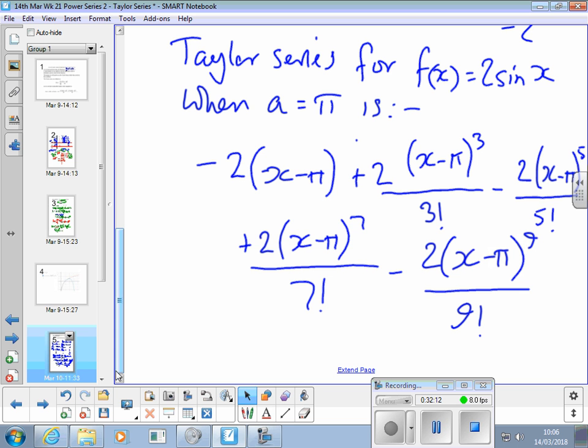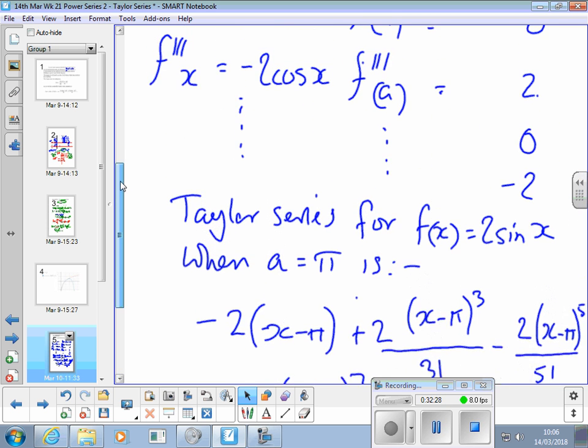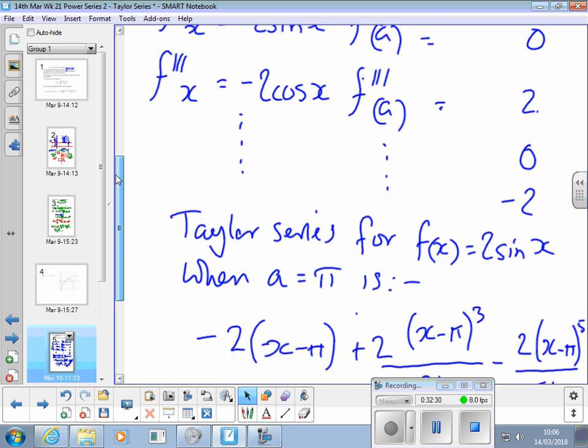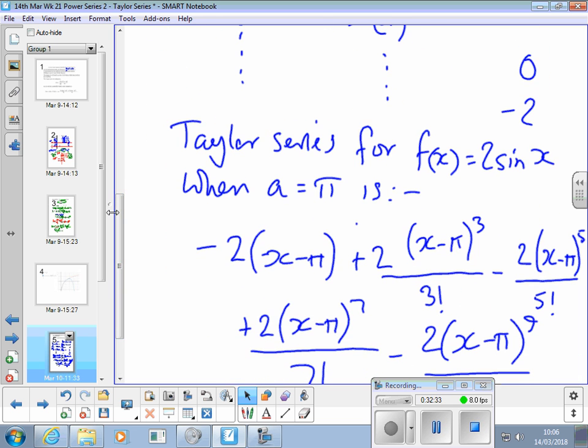Where does this come from? How did I get that result?